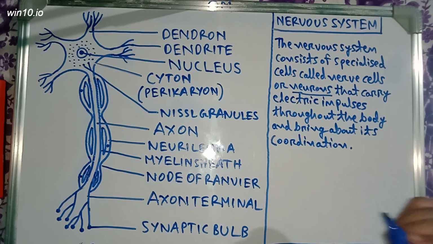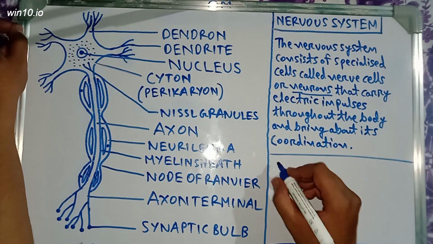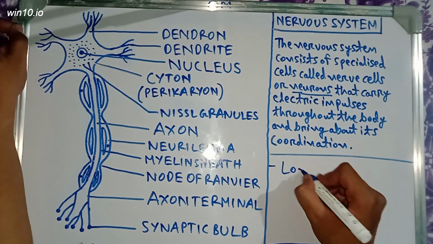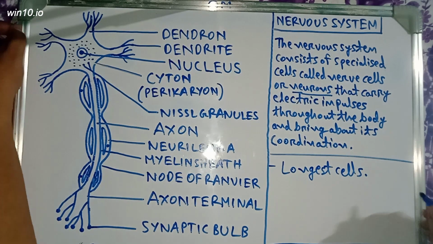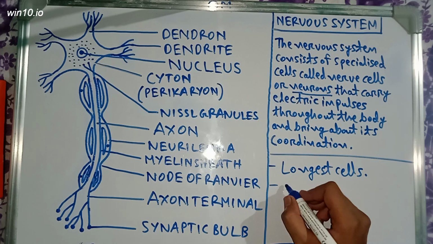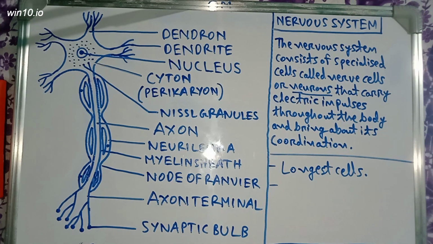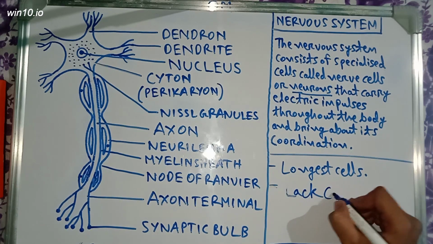So, if we are to know about what these neurons are, we can say that these are the longest cells of the human body. Just like any other cell, they have a nucleus and other cell organelles like mitochondria, ribosomes, lysosomes, etc. But they lack one cell organelle, that is centrosome.